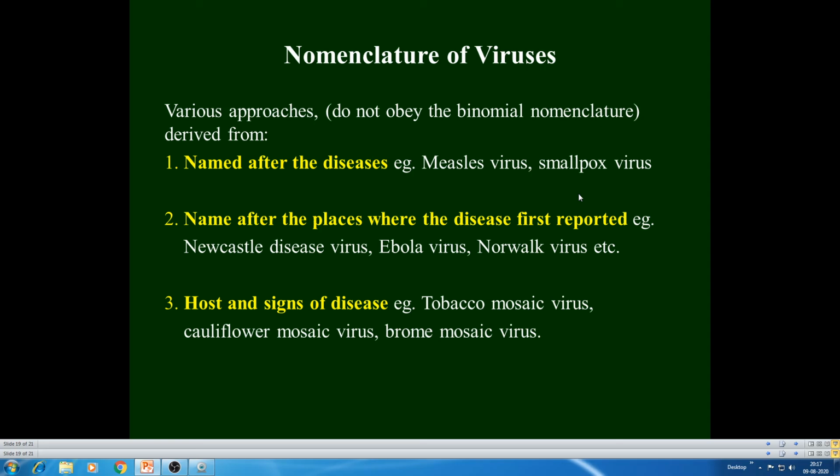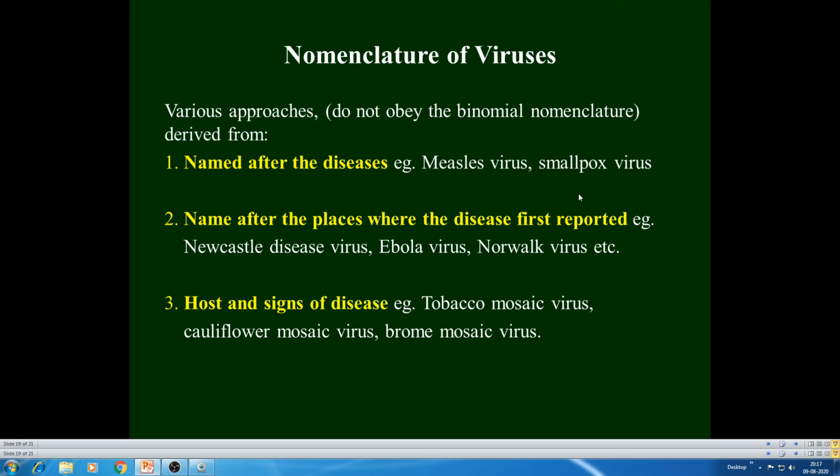Then coming to the host and signs of disease, symptoms of disease and the host. For example, in the case of tobacco mosaic virus, the tobacco plant shows a mosaic pattern. So it is called tobacco mosaic virus. Then cauliflower mosaic virus, in the case of cauliflower, which shows mosaic symptoms.